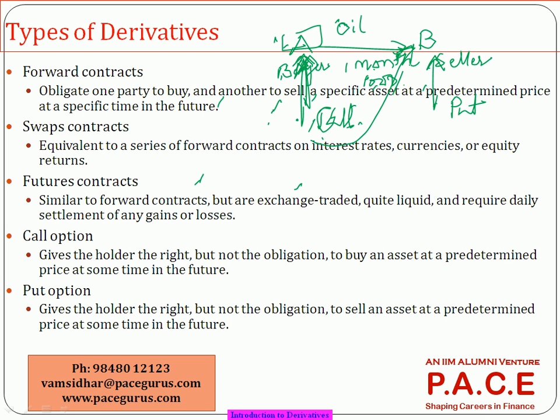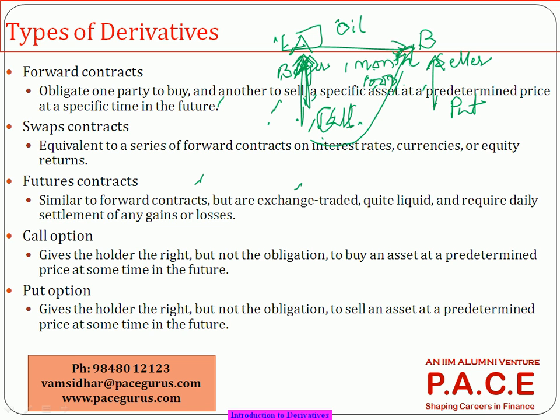What I am saying non-refundable is, of course, even if you say I will not buy after 1 month, that premium is lost. Second, if you are ready to buy also, you have to buy at the price which has been agreed, 1000, and if you have paid 50 as a premium, you are overall paying 1050, not 1000. It's not adjusted with your 50.